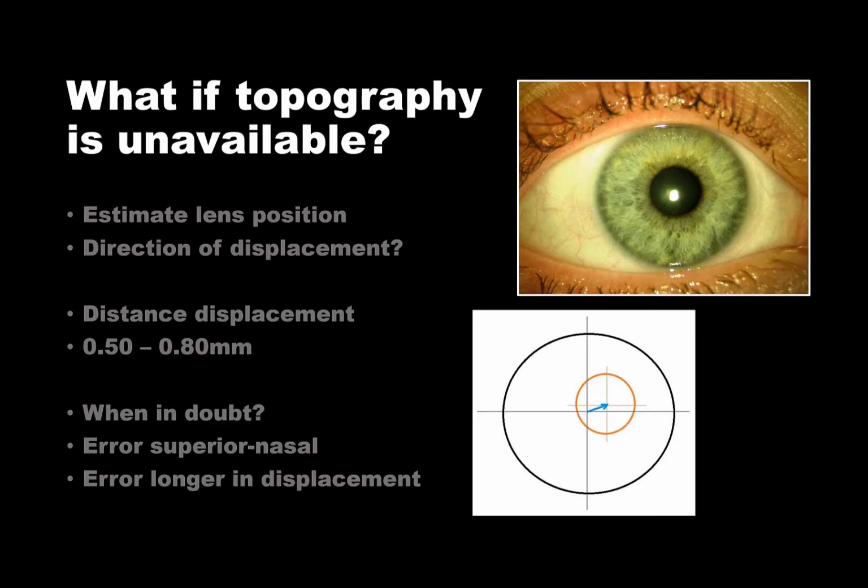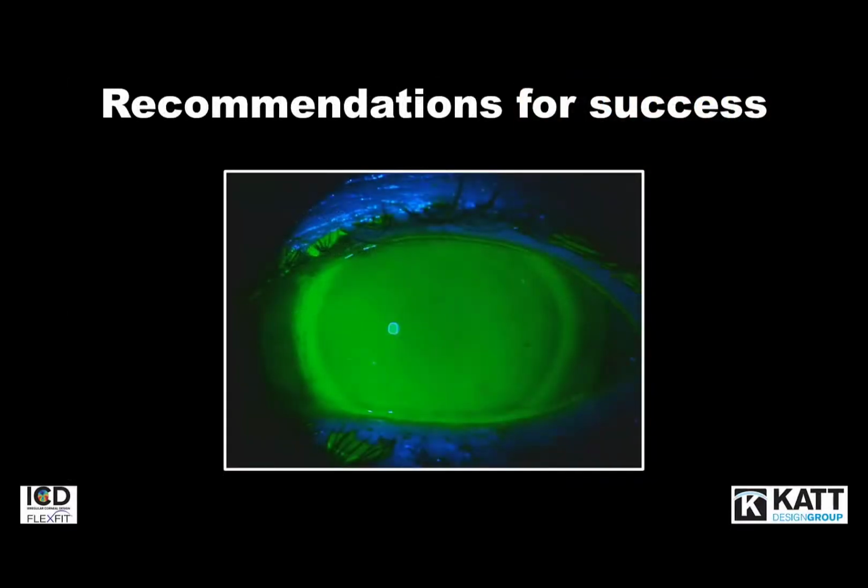Considering that scleral lenses typically position inferior temporal and our visual axis and pupil is generally superior nasal, let's err toward moving the lenses in a superior nasal direction, and it may be advisable to move the lens more rather than less.